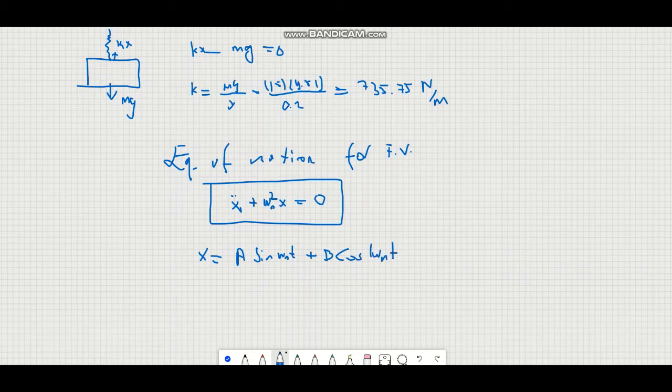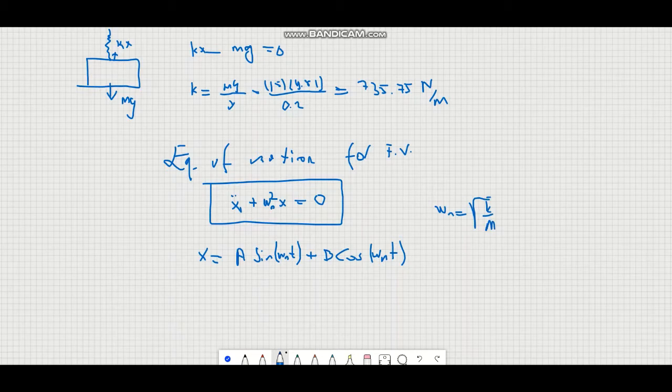So let's take this one in the parentheses. This is our general solution. Remember, the natural frequency is the square root of k over m.